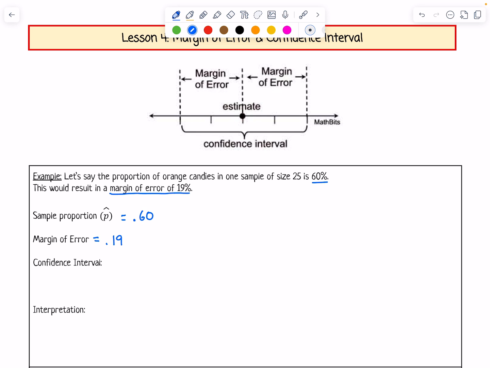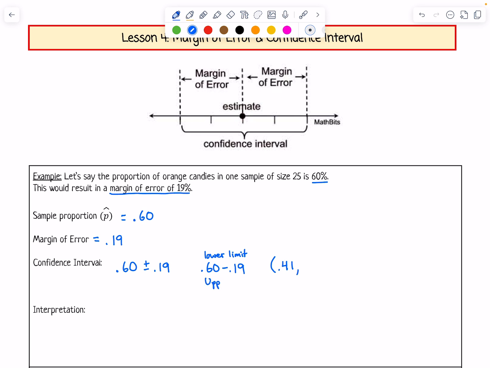And the margin of error, we always want to add or subtract to our proportion or to our mean, depending on what we're given, to get our confidence interval. So 0.60 plus or minus the 0.19 is going to give us our confidence interval. 0.60 minus 0.19 is our lower limit, which gives us 0.41.